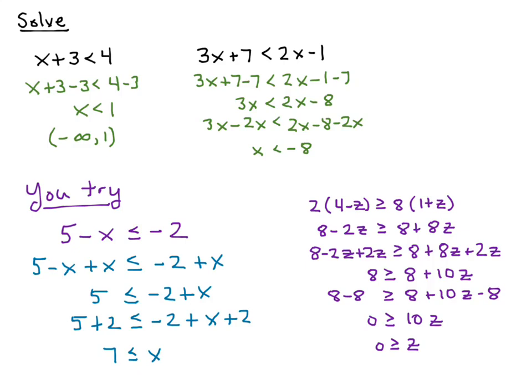Interval notation, of course, would be negative infinity to 0. Now, whenever you use either positive or negative infinity, it's always the parentheses. This is set builder, and that's interval.